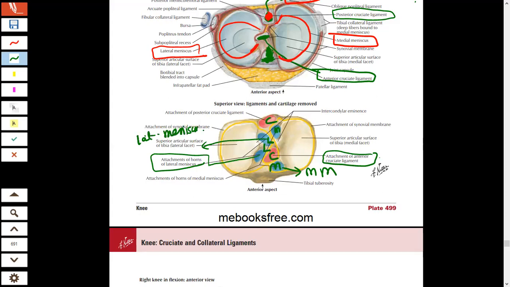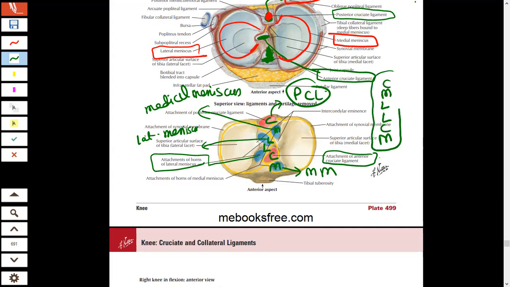Then you have M, the medial meniscus horn. And then the most posterior structure, this C is your posterior cruciate ligament. So you can now easily see in this video, the mnemonic is Medical College Lahore, Lahore Medical College. If you remember this sequence, you can never make a mistake here.